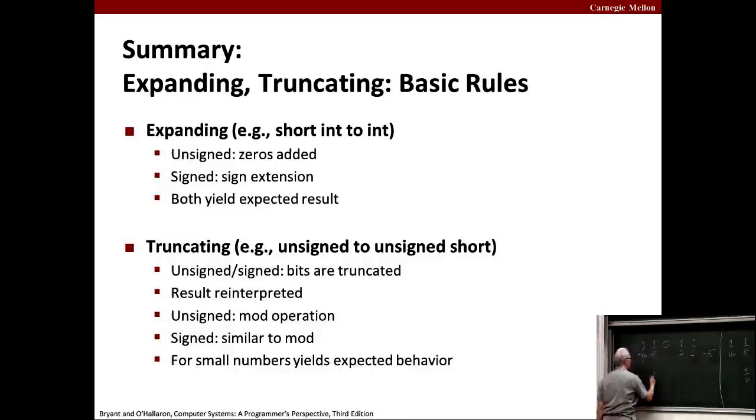But this number, if I just drop this bit and call it a 4-bit number, now becomes minus 8, plus 2, plus 1, which is minus 5. You say, how'd that happen? Well, if you look at it, this is just what you'd get by sign extension, right? So this wasn't a very interesting example.